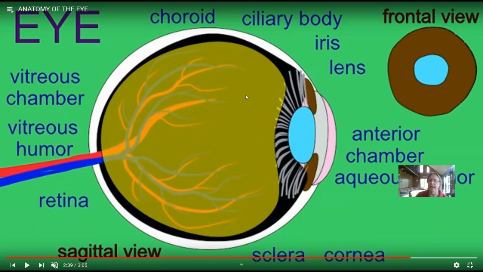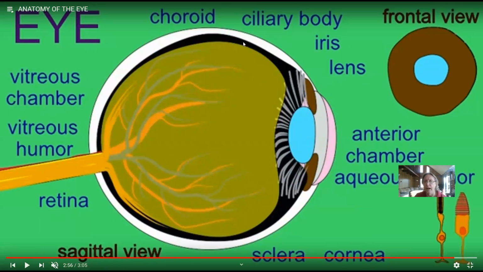So when we consider the anatomy of the eye, there are these 3 layers and then the lens. And once again, I apologize, at the beginning I said 4. So there's the fibrous tunic that makes up the sclera, which has all of the white collagen fibers, and the transparent cornea. So that's the outermost fibrous tunic.